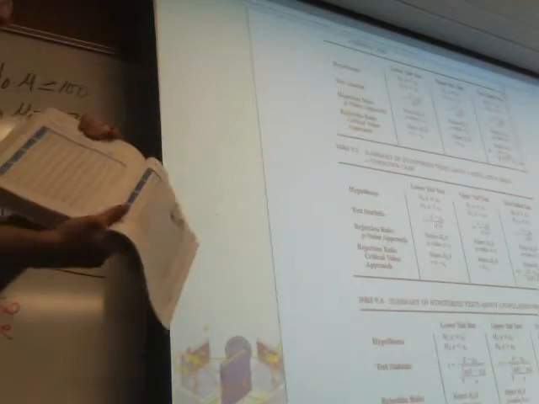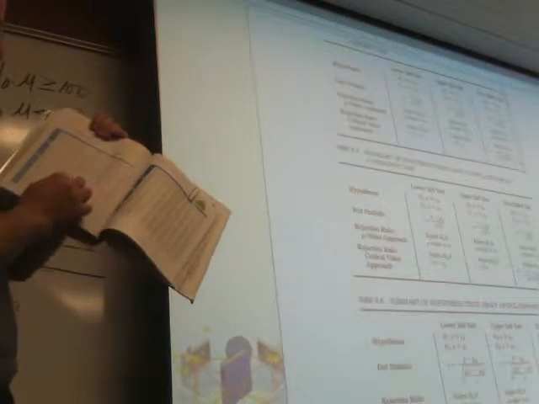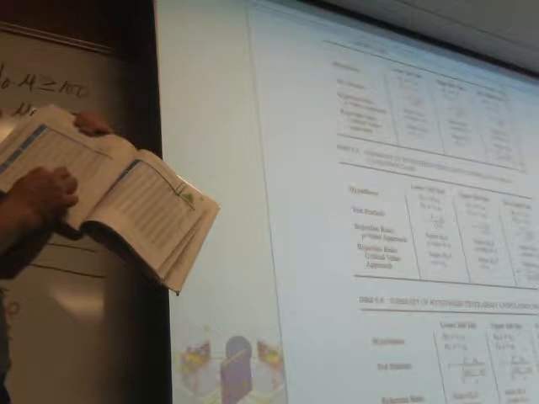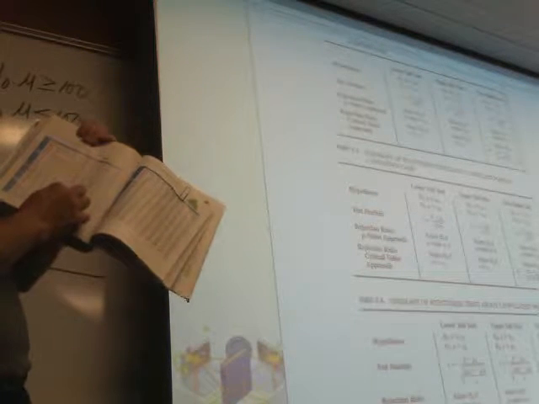What page did you find that on? Okay. 730. This is the standard normal curve. And what I did is I looked in the body of the table, because this is where areas are. That's where that green space is. And I'm looking for 0.05. And the closest number I have to 0.05 is 1.64 and 1.65. Okay.